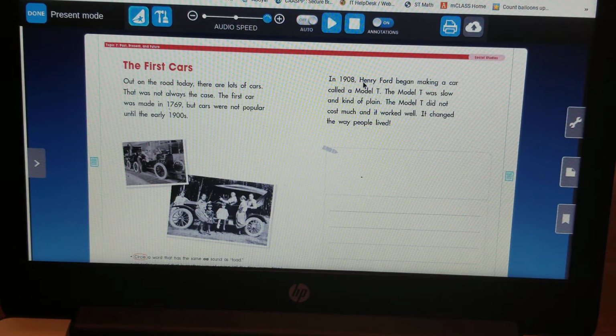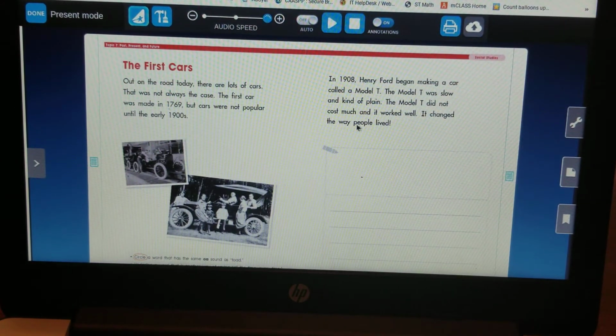In 1908, Henry Ford began making a car called a Model T. The Model T was slow and kind of plain. The Model T did not cost much, and it worked well. It changed the way people lived. I wonder what they mean by that.